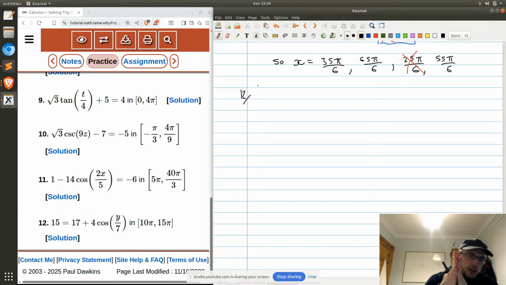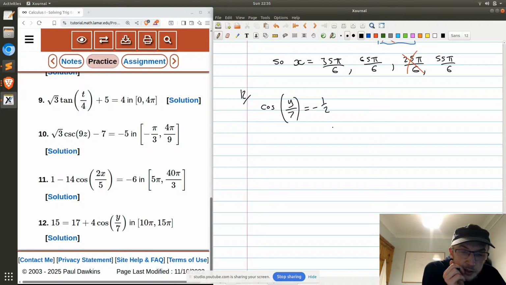So I'm going to take away 2 and then divide it by 4, so I get negative a half cosine of y over 7 equals negative a half. And this time I'm going to pay attention to the domain of y. It's 10 pi to 15 pi, so don't do those negatives. All right, and by now you should know that t equals y over 7, then t is equal to what?